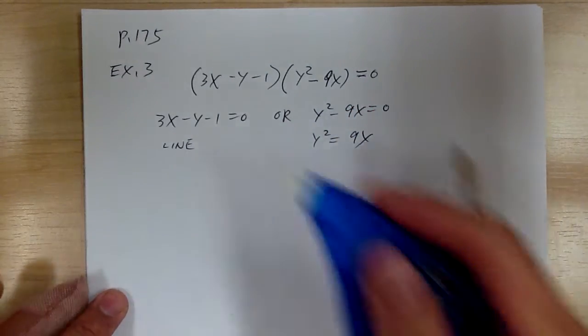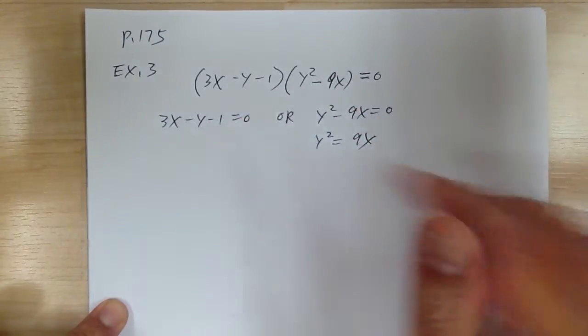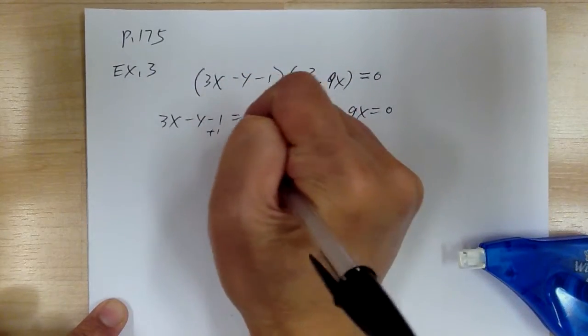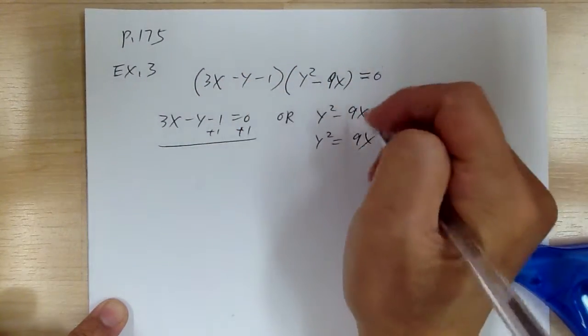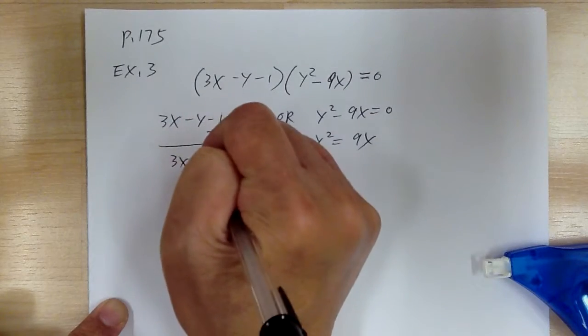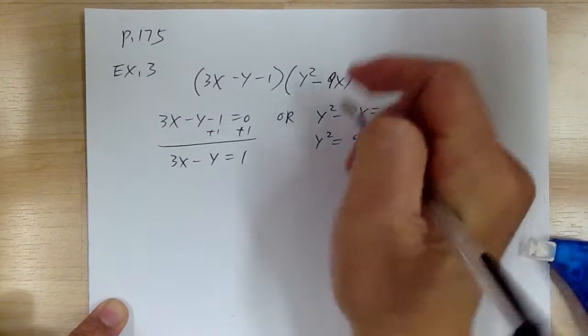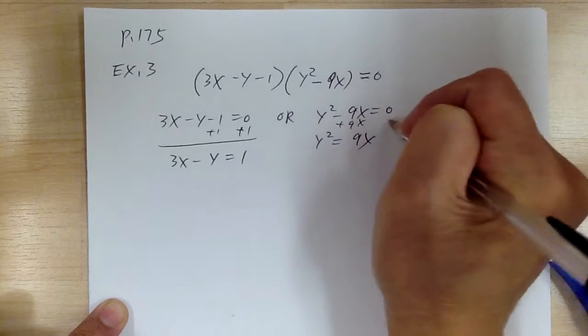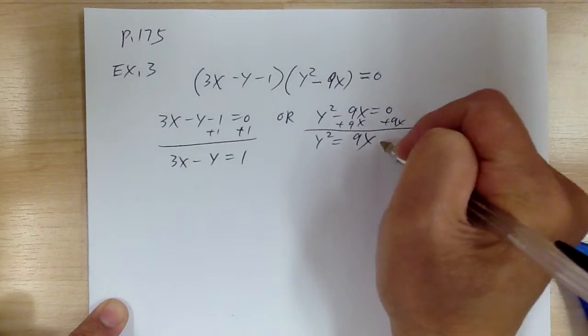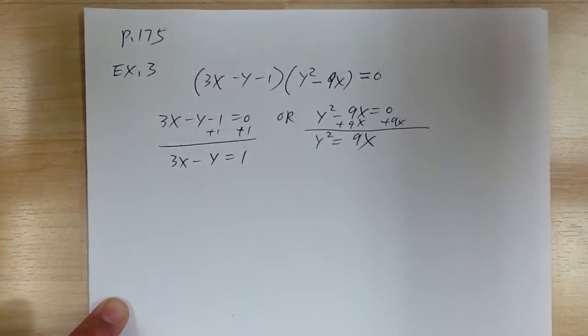So let's move this over, plus 1. You get 3x - y = 1.